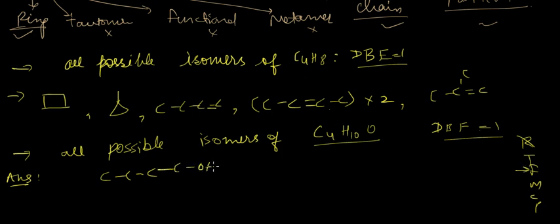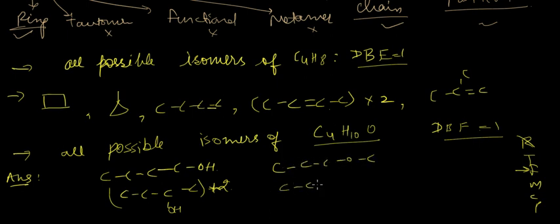We can tweak between OH positions. It will have two optically active isomers. Okay, then we can have a functional group isomer as this. Now we can have metamers like this.